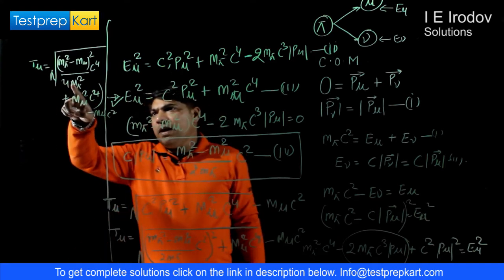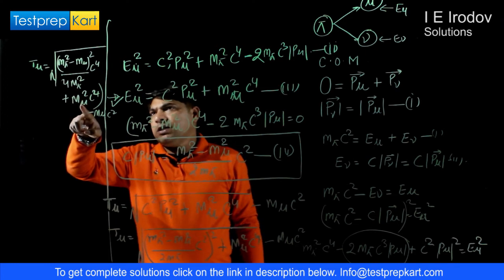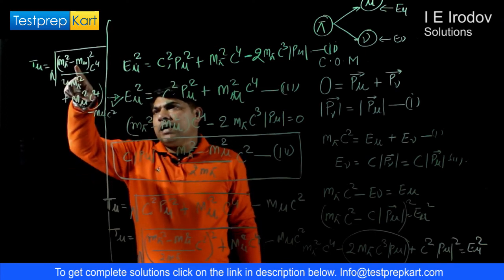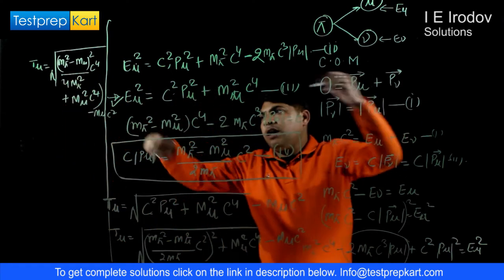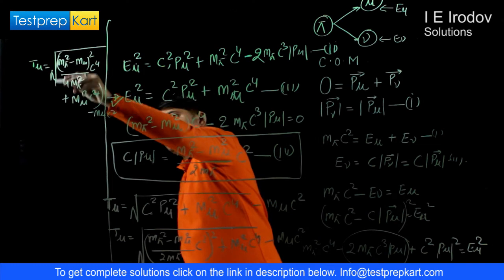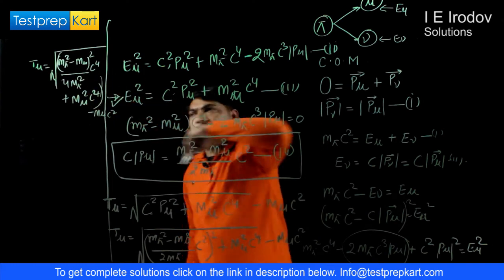Now if you just multiply by this term in this expression and then open this bracket, let's see what we are getting. Let me do it here. I am just considering this term which is under the root.